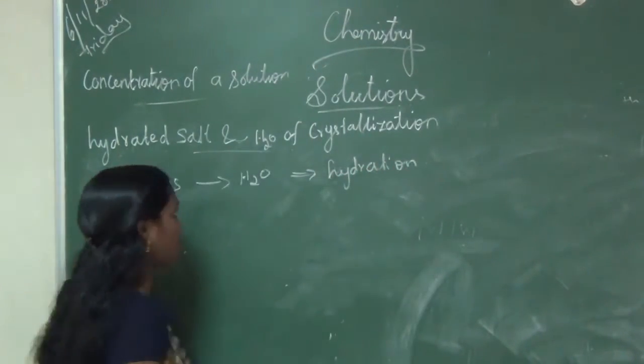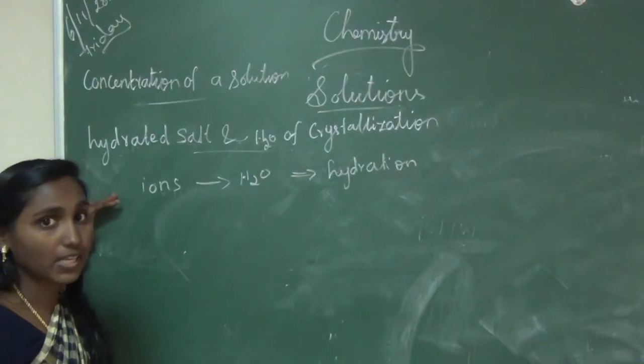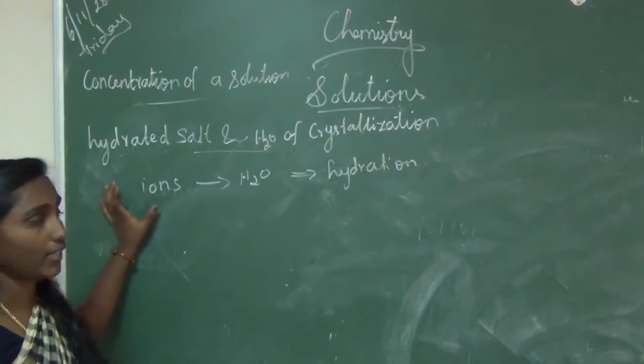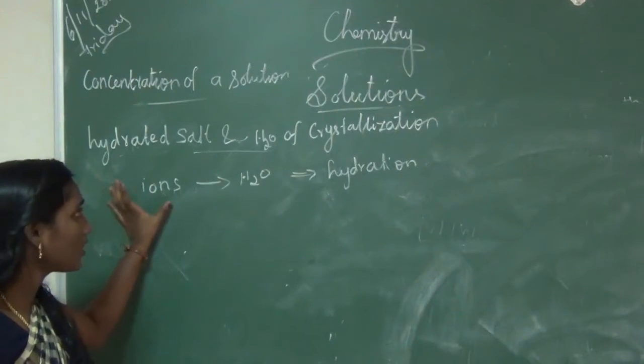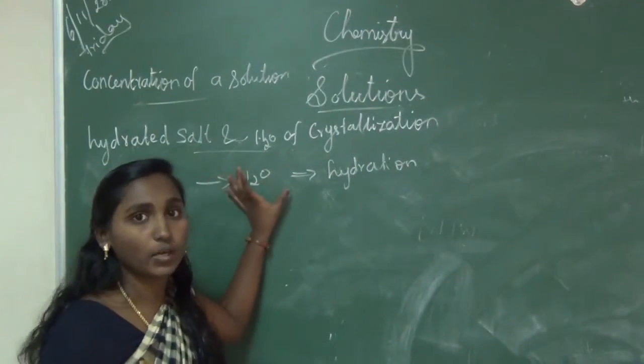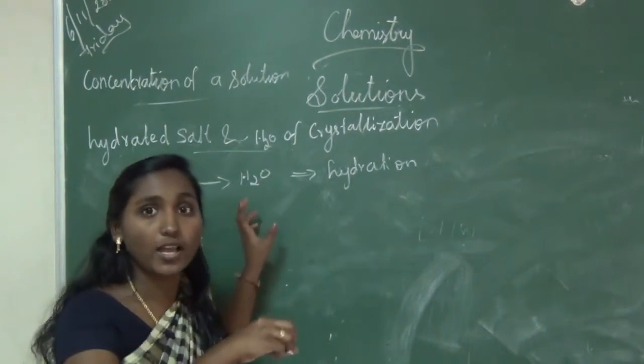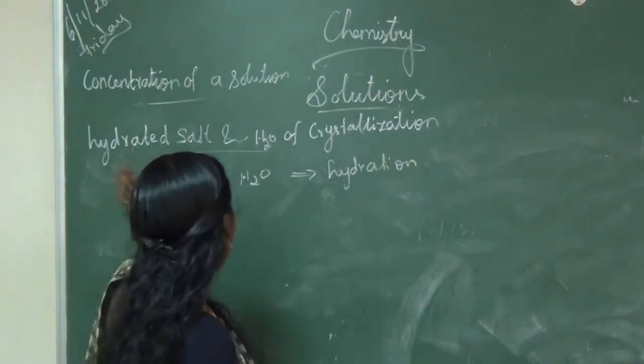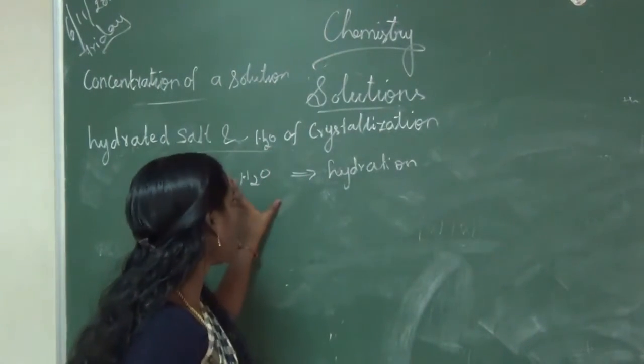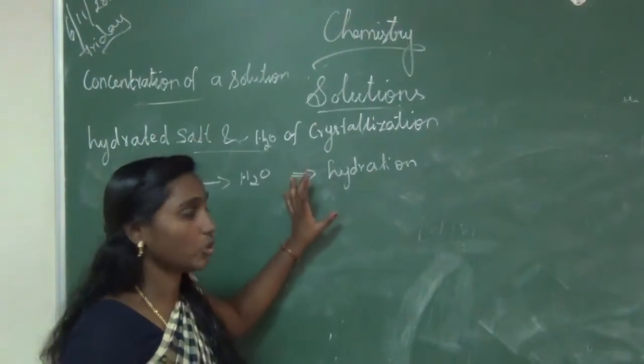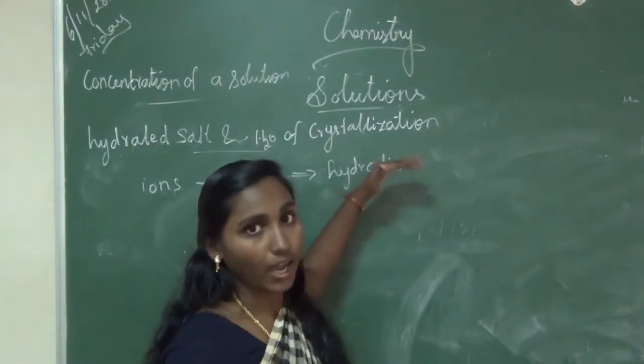When an ionic substance dissolves in water, it forms ions, and these ions can attract the water molecules. That means positive ions or negative ions will attract the water molecules in a certain ratio. This process is called hydration.